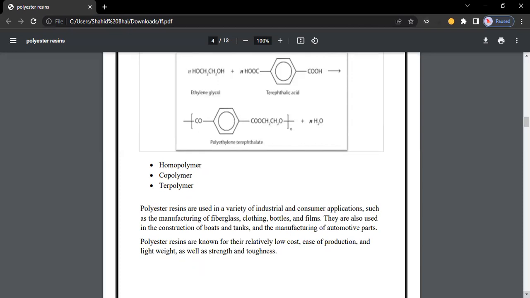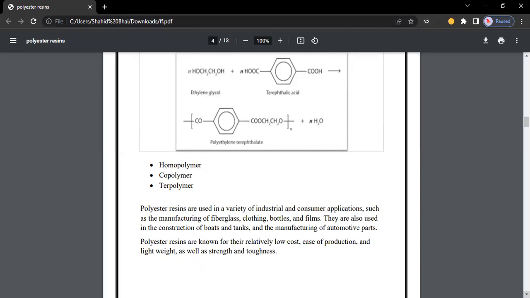Vinyl acetate, when it combines with itself, forms long-chain polymers, polyvinyl acetate. Another one is vinyl chloride, which also forms PVC, polyvinyl chloride, a number of polymers.